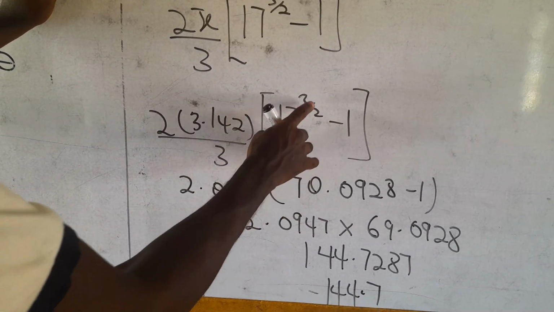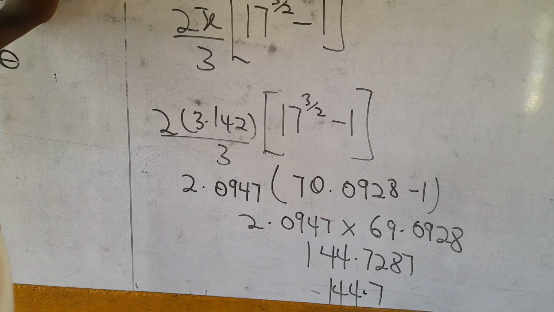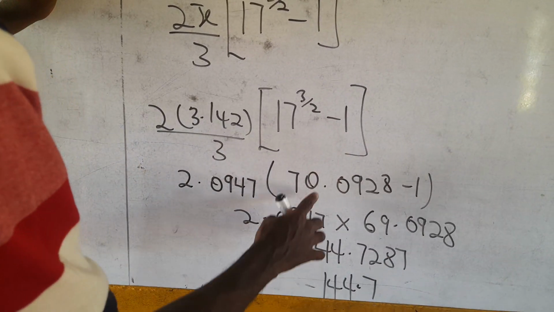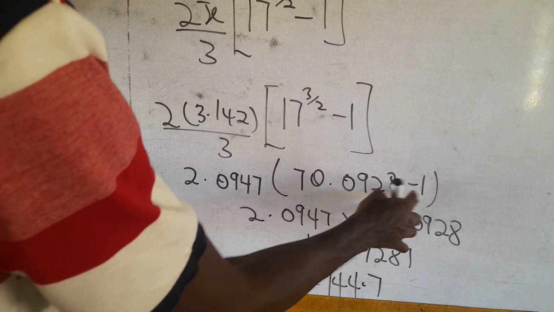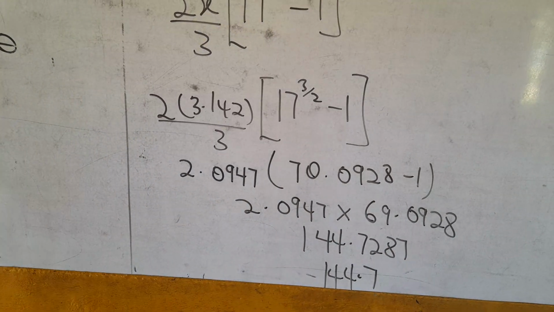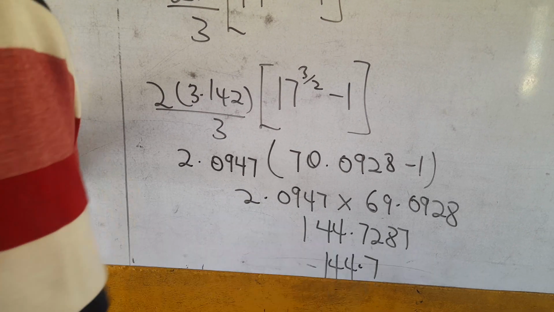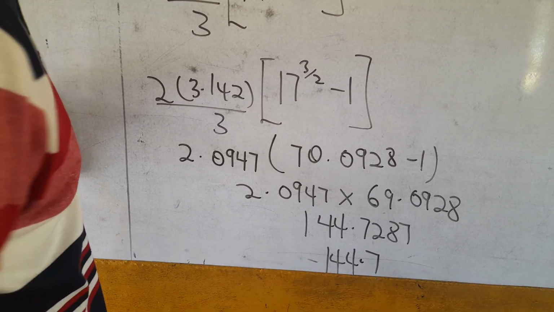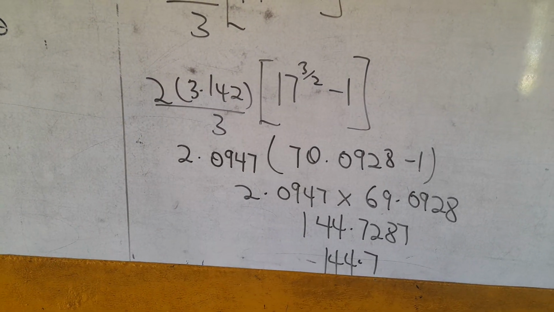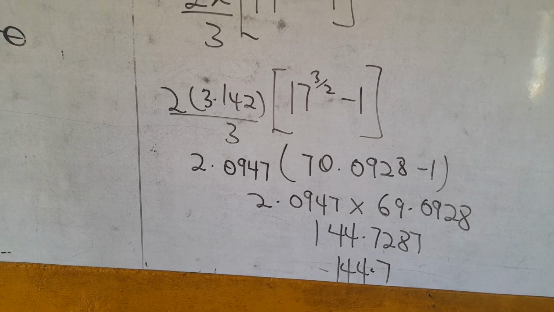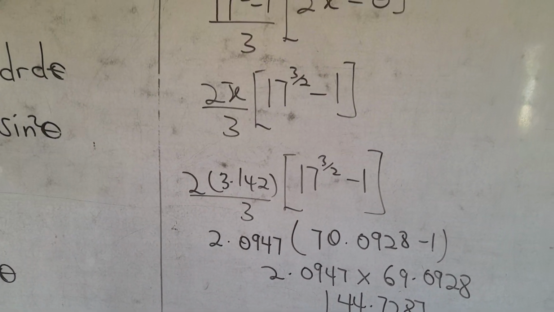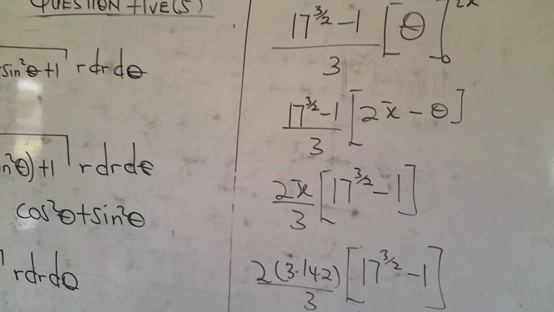And 17 exponent 3 over 2 will give us 70.0928, then minus 1. So 70.0928 minus 1 will be 69.0928, times 2.0947 will get 144.7287. Correct to one decimal place will be 144.7. Then this becomes the answer to this problem. I hope you get that.